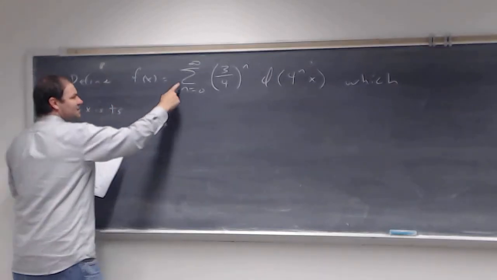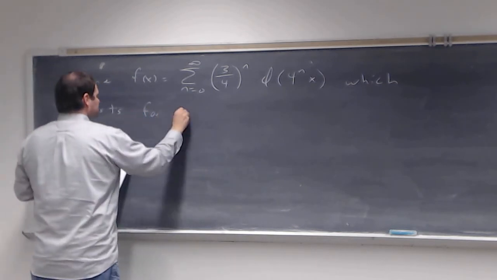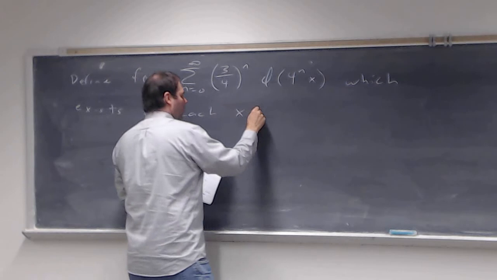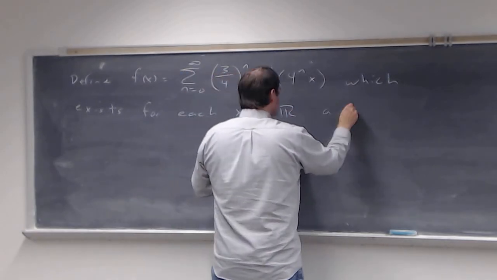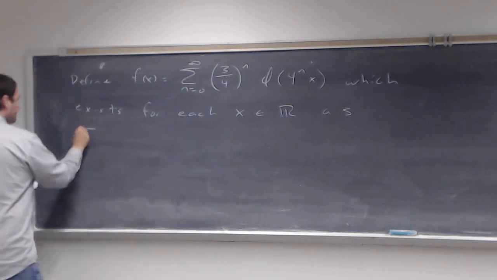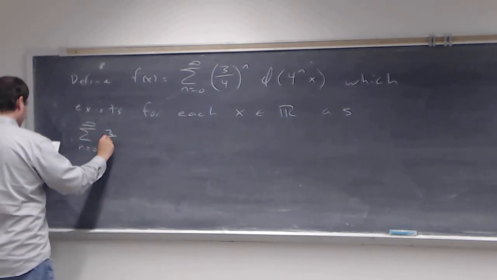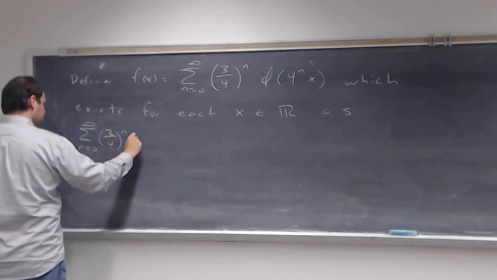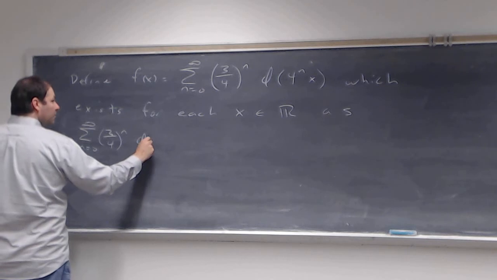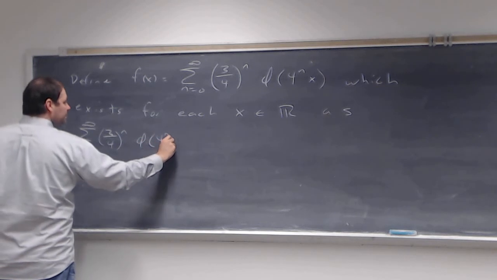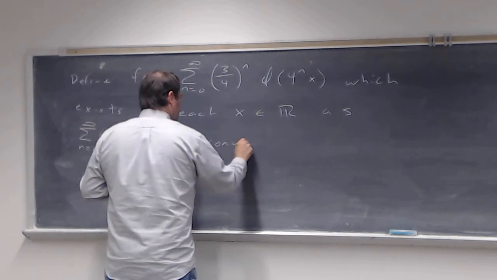What I mean by exists is that this summation converges for each x in R, as the sum as n runs from 0 to infinity of (3/4) to the n times phi of 4 to the n times x converges.